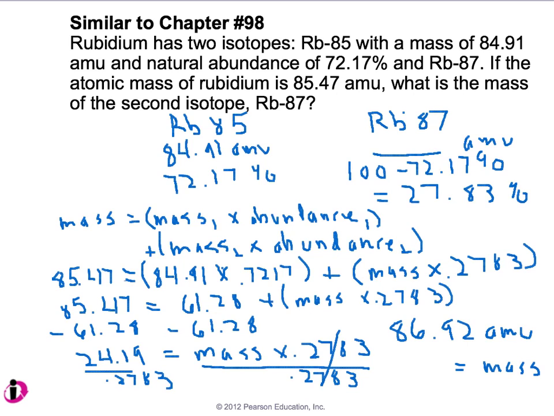Okay. So when you try number, well, again, like I said, number 98, it's the same basic question. The only difference is they're actually trying to be a little nicer to you, and they're breaking it up into steps. So the first step is to find the average mass. Well, you're going to find that listed on your periodic table for silver.